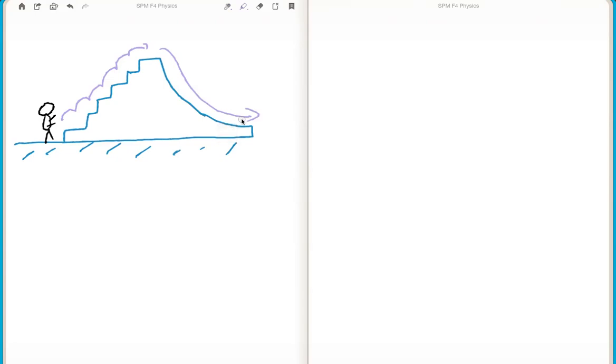But we are not going through the going down yet. Let us focus on the first part here, where the height for this stairs would be, say, maybe 60 centimeters.